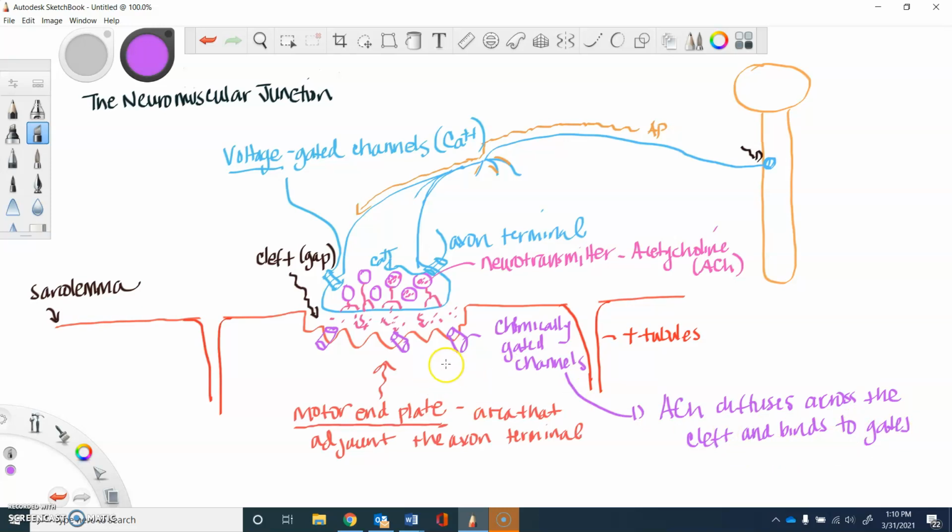And when they do that, those gates open. When the gates open, sodium and potassium move in and out of the cell.